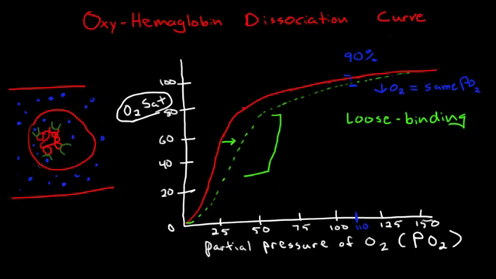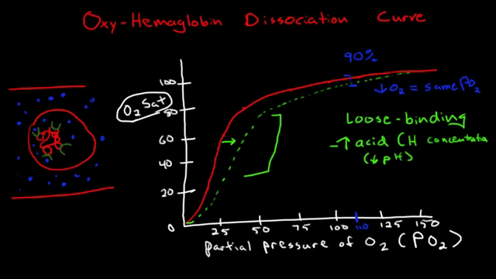Okay, so what causes loose binding? What causes these areas of the hemoglobin protein to become looser? Well, there are four different things that are commonly thought about, and one is increased acid or hydrogen ion concentration. Now, this is where it becomes a little confusing to remember, because increased acid equals decreased pH, right?